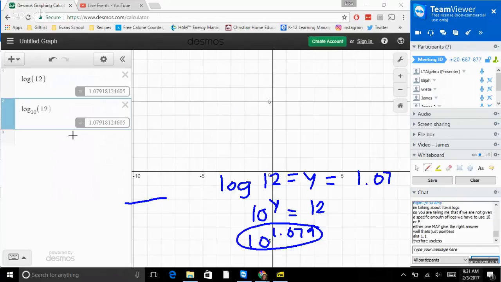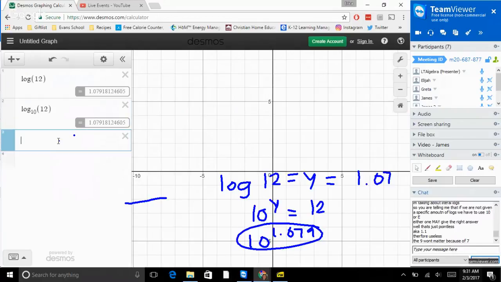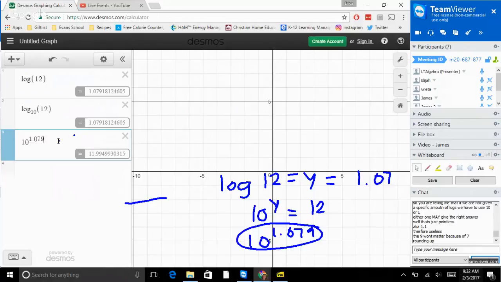So there's this relationship back and forth. That's the important part of this. I want you to understand there's a relationship. 10 to the 1.079 power. And if I keep going, 1, 8, 1, 2.